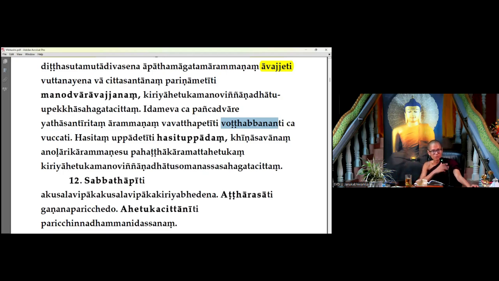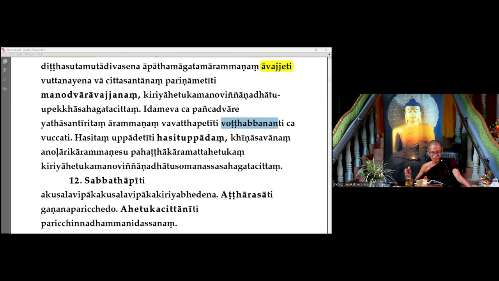For example, if you go to the meditation hall, you are a meditator. If you come here, you are a learner. If you go to your kuti, neither meditator nor learner, maybe a sleeper. So based on place, based on function, you may have a name. In the same way, the same mind in the Panchadwara, because of determining, is named Votthabbana.